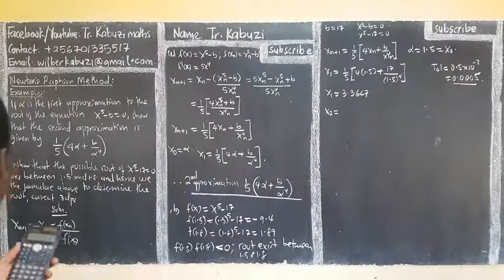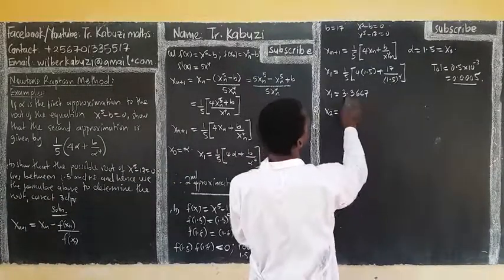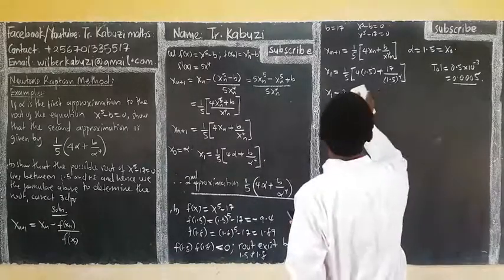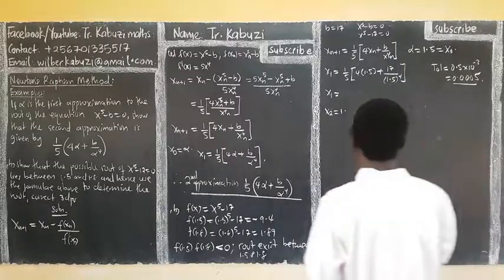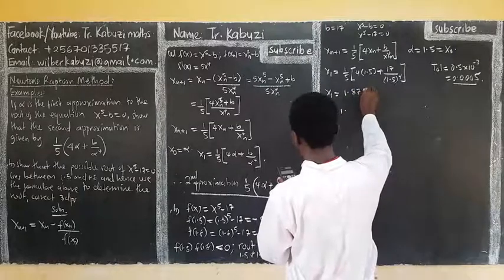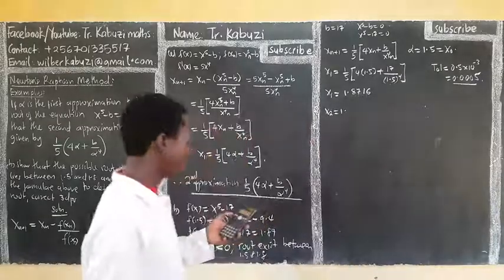So the value I got is 1 point, so this is not the value, sorry. The value I got here is 1.8716. Now you press in again.